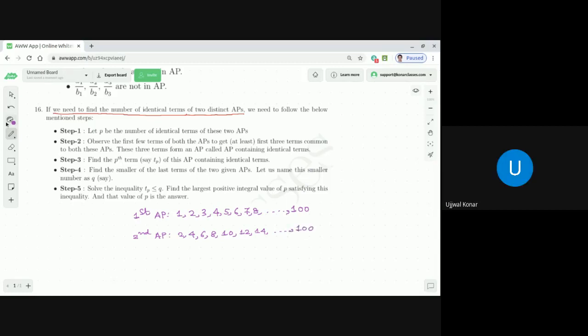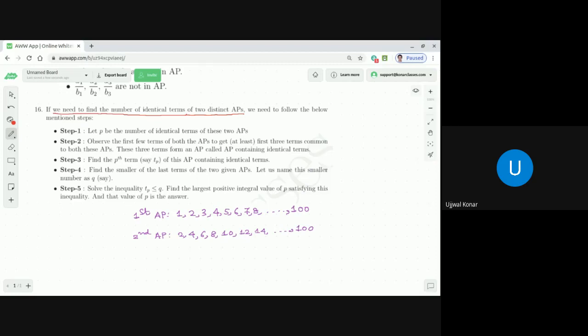Sometimes you will find that the question is challenging, because here the APs look very easy, very simple, but sometimes you will get a different common difference and a different first term, and you need to find out. But here are the steps.